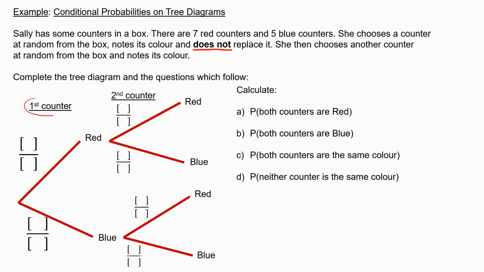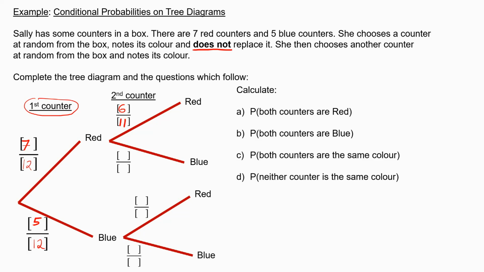The first time she takes a counter from the box, the probability that she chooses a red counter is 7 out of 12, and the probability that she chooses a blue counter is 5 out of 12. Following the red branch, if she chooses a red counter, she takes that counter out and does not replace it. So there were only 11 counters left in the box, and because she's taken one of the 7 counters, there's only 6 red counters left as well.